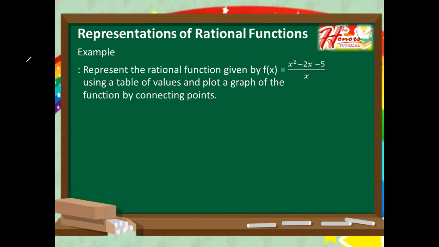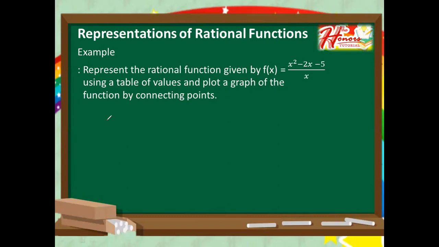We have again a table of values, but I want you to notice our denominator here. Please think of a number that, when it is the value of x, our equation will become undefined. And that is what number?